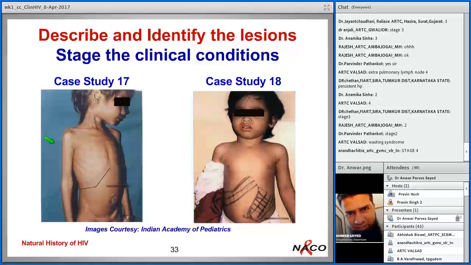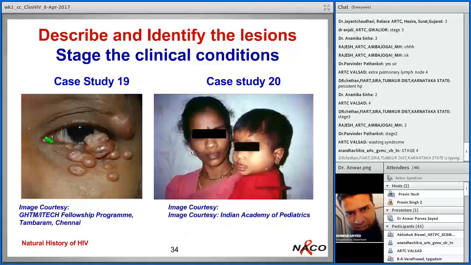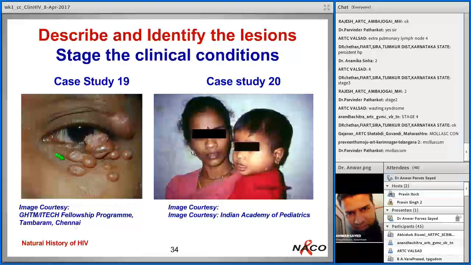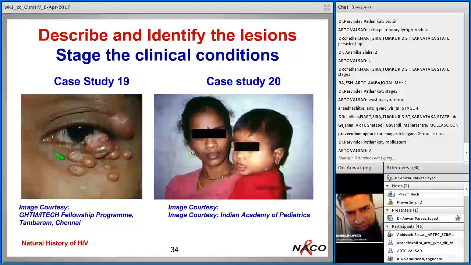Wasting syndrome, if it is so, then it is stage 4. I agree with you if you are saying stage 4 because of wasting syndrome, but as we don't have details of it, I agree in terms of what you are saying about the rib cage and all that. It might fall under stage 4 if it is wasting syndrome, with poor weight gain and all of that, which is becoming obvious. But actually, the point why this case was introduced here was to show the hepatomegaly, and if there is only hepatomegaly, then it will fall under stage 2.